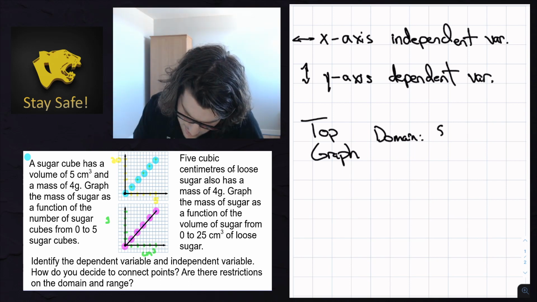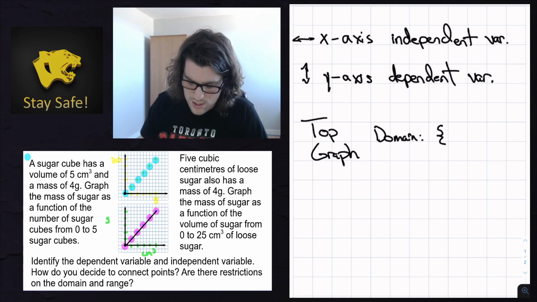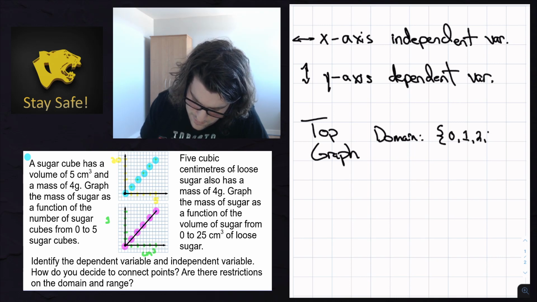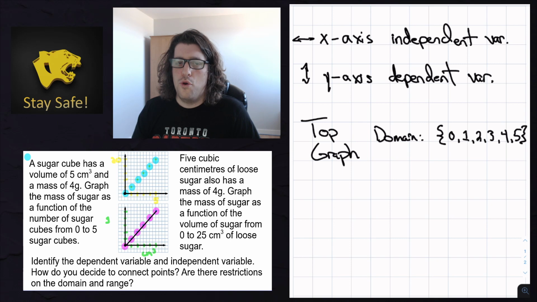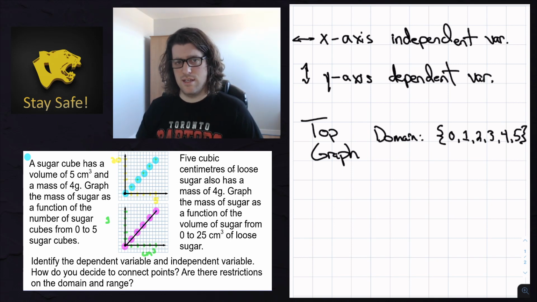There is a curly brace here to represent that I'm talking about a set. So the domain is the set of numbers that involves 0, 1, 2, 3, 4, and 5. No other numbers are allowed to be part of the domain, and so that is the full domain.